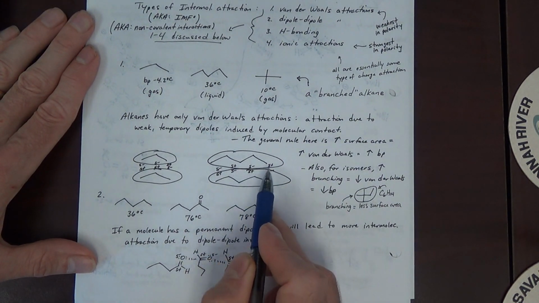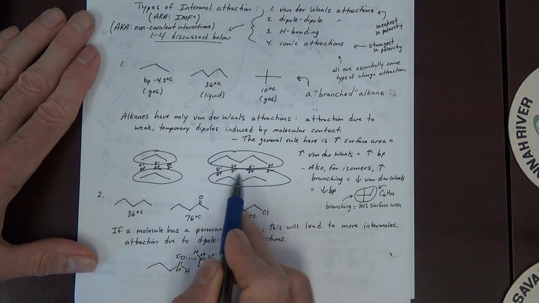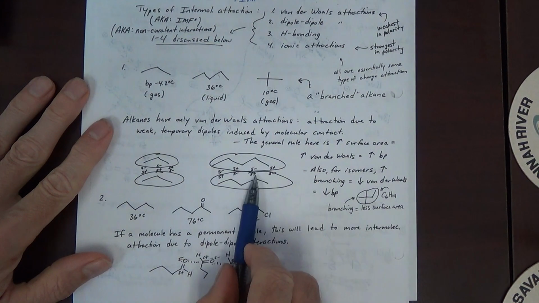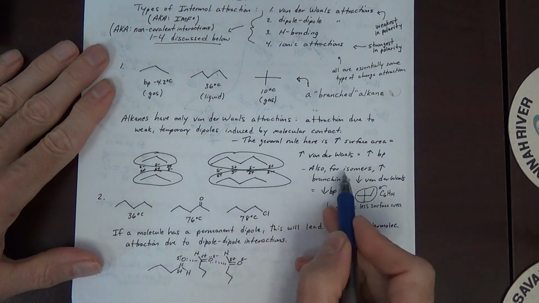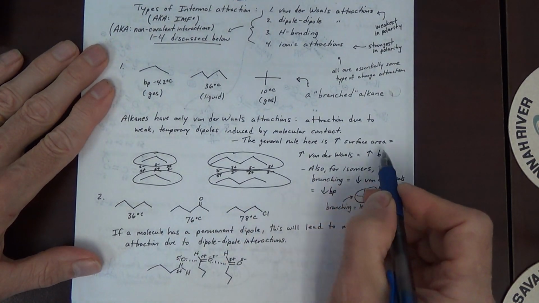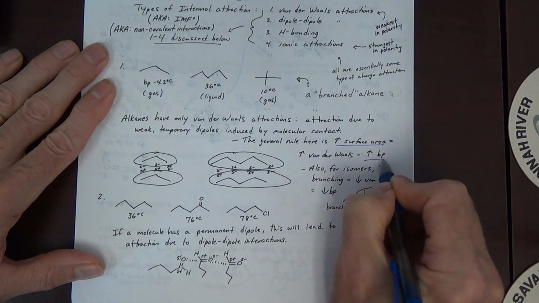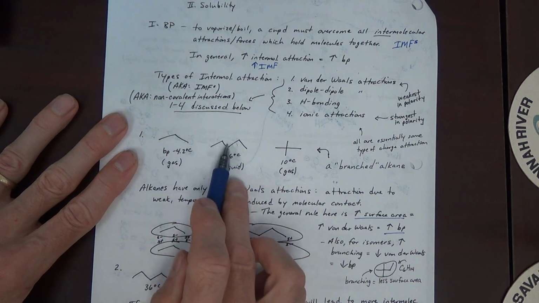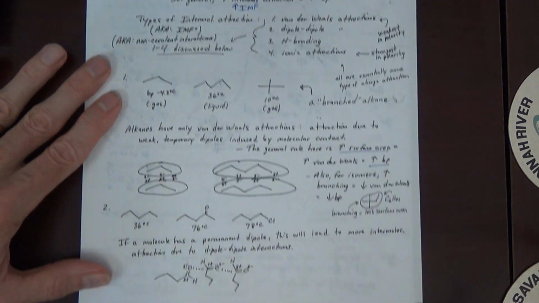And the take-home is, the more surface area you have, the more the electrons are bumping into each other between two different molecules. More surface area, higher boiling point. And so when you look at these two, we say, hey, larger molecule, more surface area, higher boiling point.